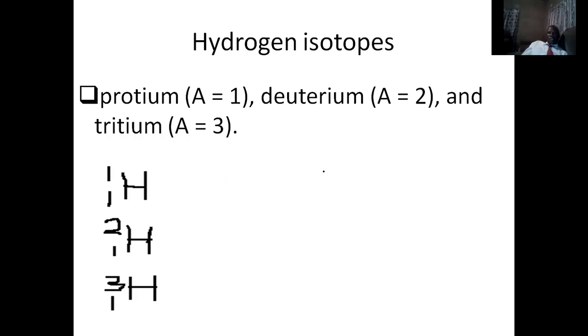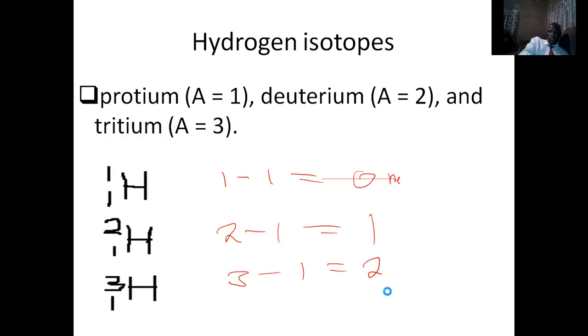And so similarly here, we would say 1 minus 1, meaning here we have 0 neutrons. And then here we are going to have 2 minus 1, which would be 1. And then 3 minus 1, which would be 2. So you see generally here that what differs an isotope is the same element, but with a different number of neutrons.